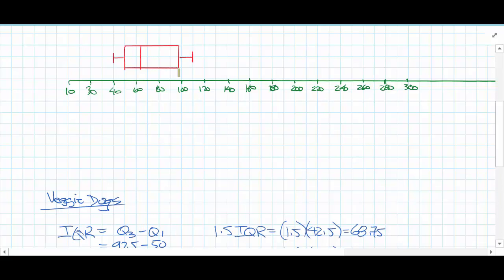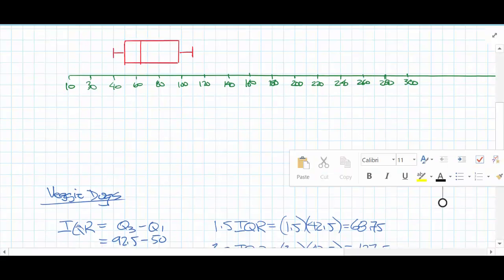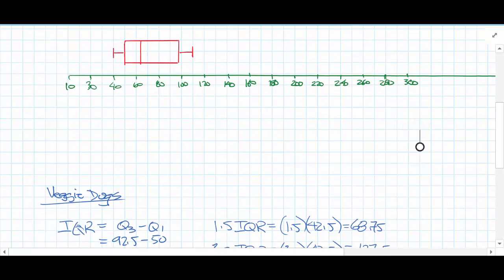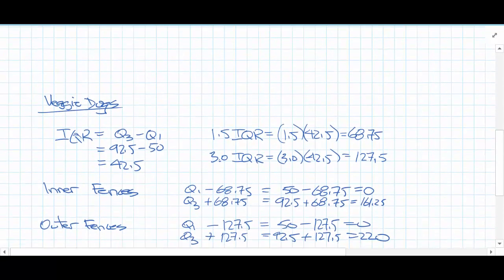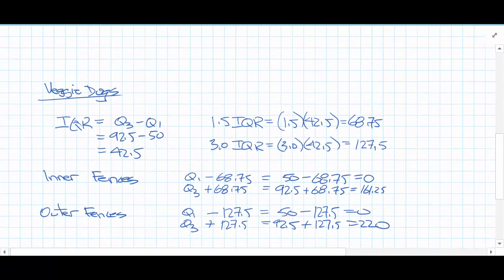And now we need to identify where the whiskers go. I've already got them on the box plot. I'm going to explain why they're there. Notice that the whisker below Q1 is at 40. Well, let's take a look at our fences. The inner fences are based on 68.75, because that's what 1.5 times the interquartile range is.